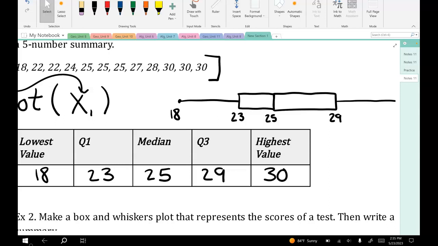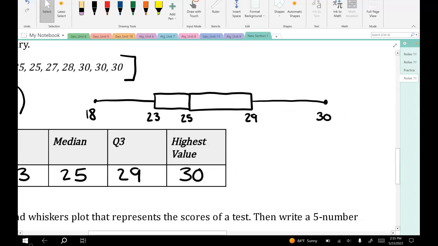One thing I want to add to your notes is range, and then what we call interquartile range, or IQR. You want to add those just right next to your box.